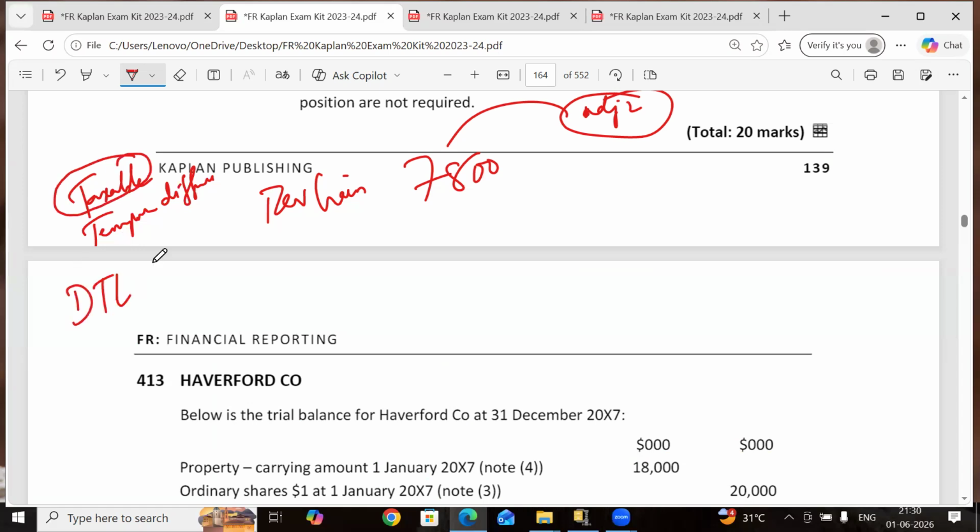I would rather use this word because the carrying amount due to revaluation gain will be more than the tax base. Whenever the carrying amount is more than the tax base, that means the asset which you are showing in your financial statements is more than the asset which you are showing in the tax returns. That means here the depreciation has been charged less, here the depreciation is more.